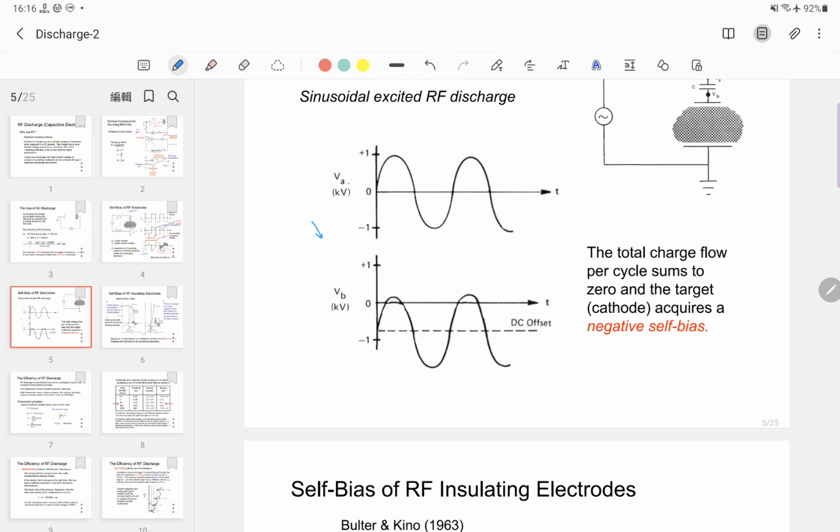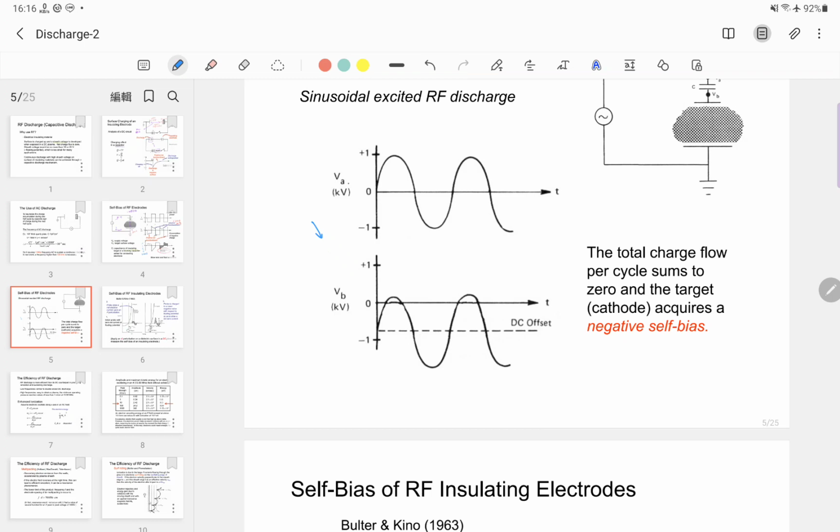So the whole curve shifts down. This voltage reading is named the DC offset. So the average voltage of the top electrode equals V DC offset.